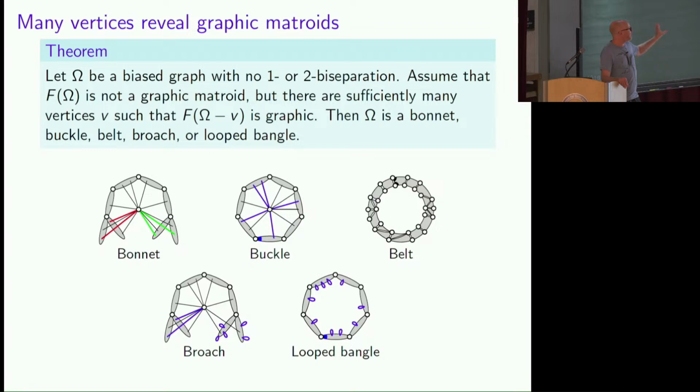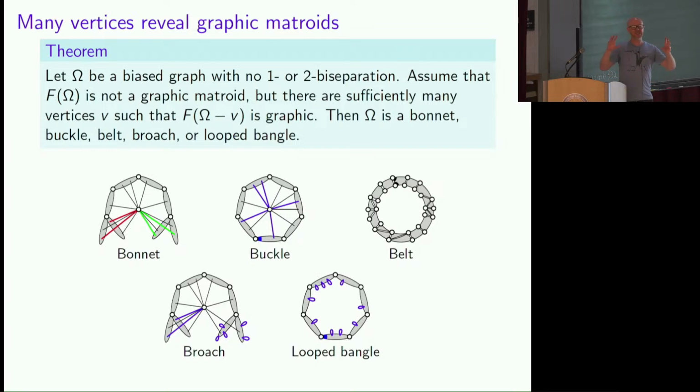Okay, so this is the second block. A biased graph has a frame matroid that's not graphic, but it is close to being graphic in some sense. Many vertices give you something graphic. The reason that the first block is important is because if I delete a vertex and see something graphic, probably that graphic thing is going to be a signed graphic biased graph.